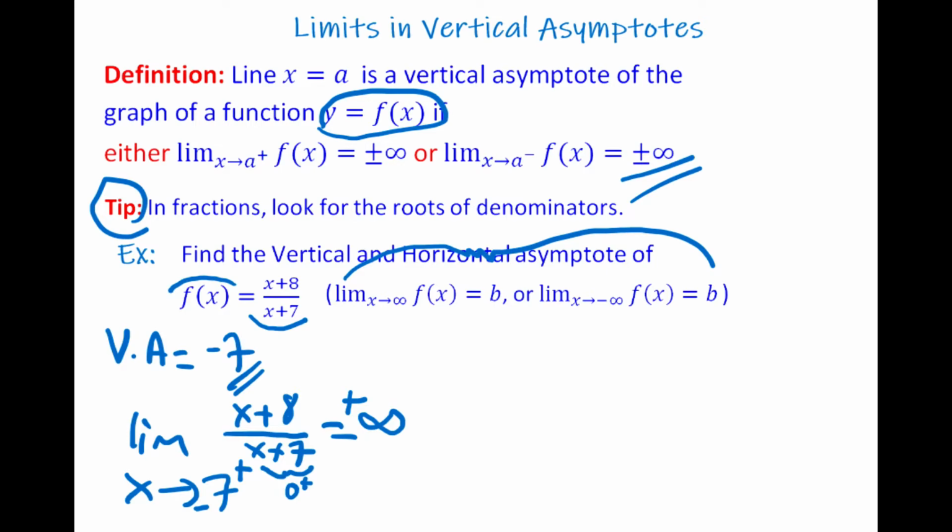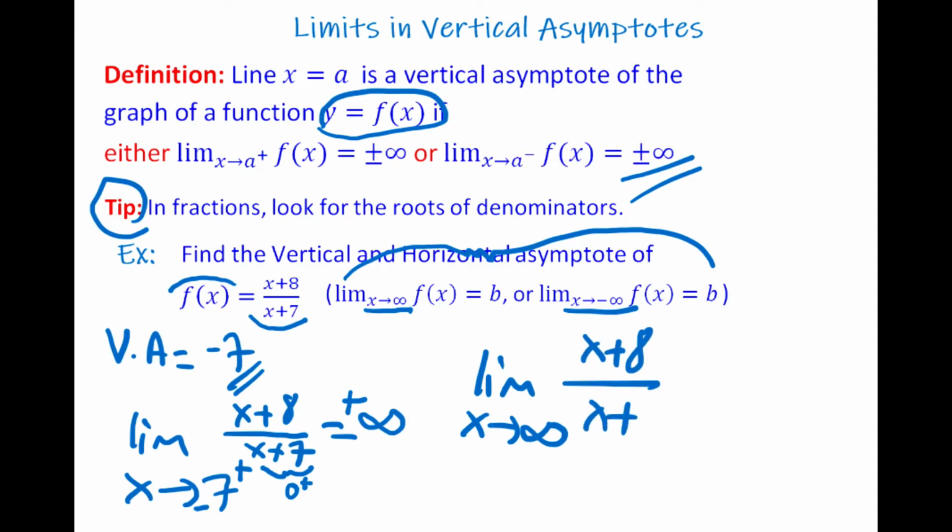And how can we find the horizontal asymptote? We will take a look at the case where x goes to positive infinity or negative infinity. We write the limit when x goes to, let's say first, positive infinity, of x plus 8 divided by x plus 7, and that is equal to, guys. Actually, in such questions, if you look at the highest powers, which is x in the numerator and x in the denominator, we will just take a look at their ratios, okay?